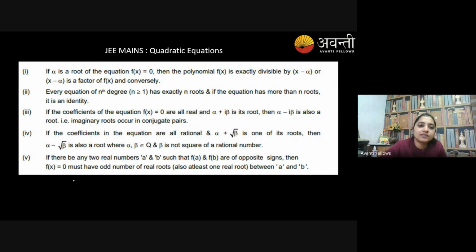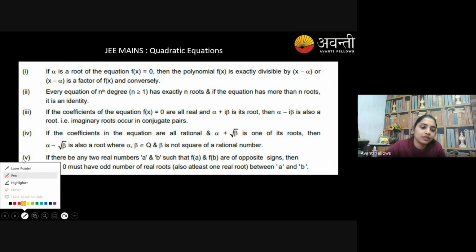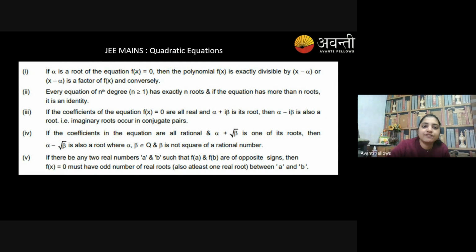So these are some important facts about the quadratic equation. What were they? Very first, everyone knows that if alpha is a root of the equation, then it will give the function to be 0. It means the polynomial is exactly divisible by x minus alpha. Next, if the equation is of nth degree, it has exactly n roots.